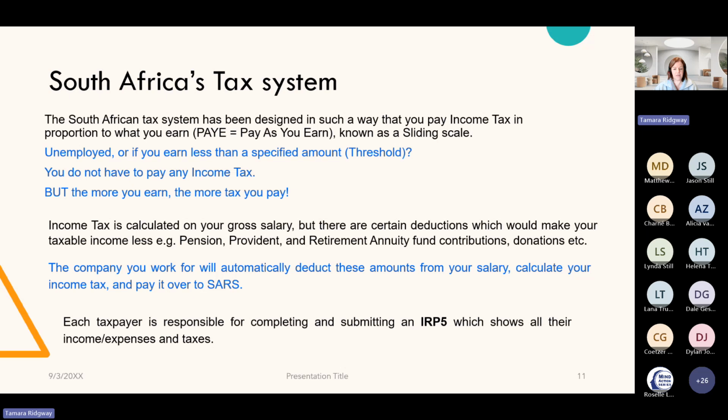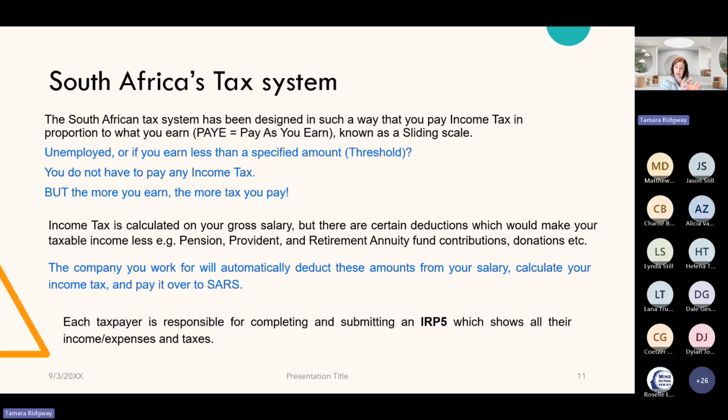Okay, so before we go specifically into the income part, let's just talk about South Africa's tax system. The South African tax system has been designed so that you pay income tax in proportion to what you earn, and we call that pay as you earn.